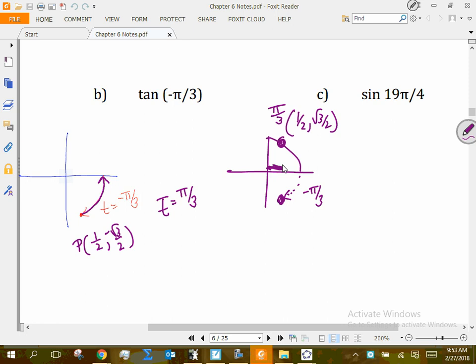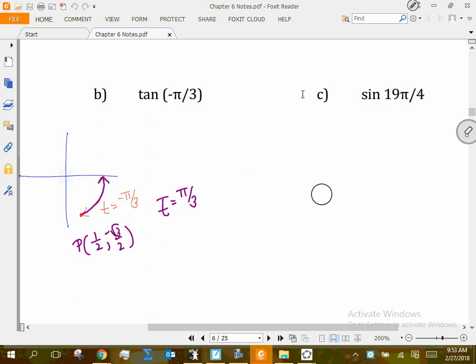This one has a y distance of radical 3 over 2, and it's up. This one has a y distance of radical 3 over 2, but it's down, so that's why it's got to be negative. Is that all right with everyone? So now when I want to find the tangent, all that work was to find the ordered pair. The tangent is the y value divided by the x value, right? Okay, sine over cosine. So that's going to evaluate to negative root 3.